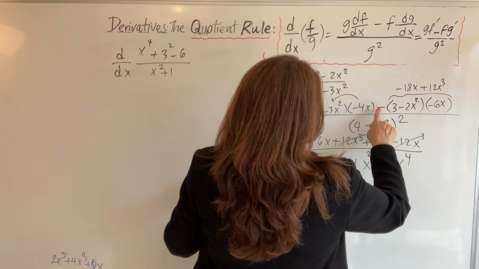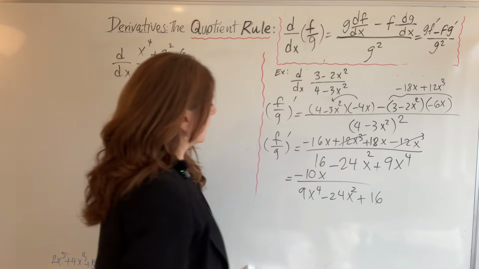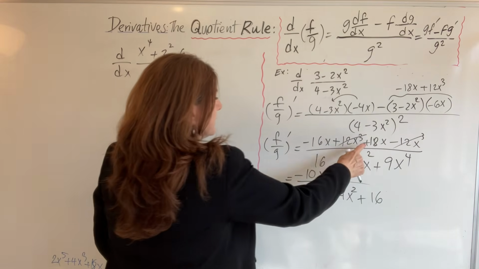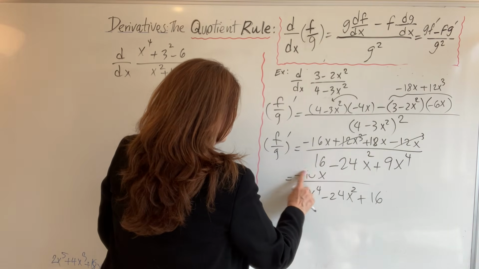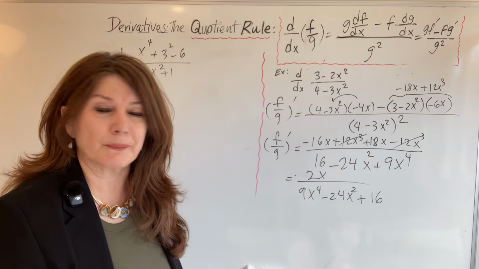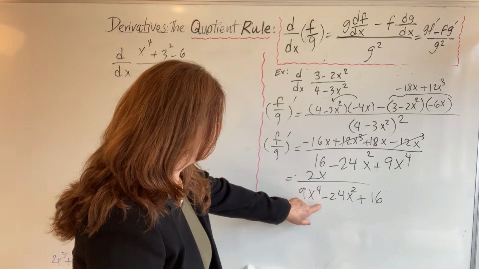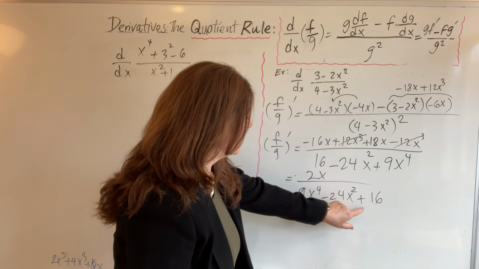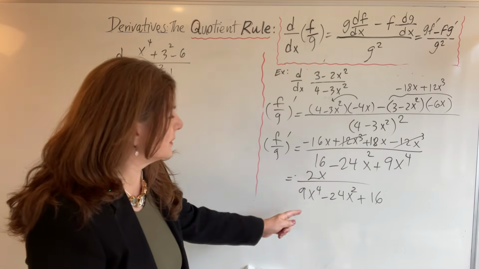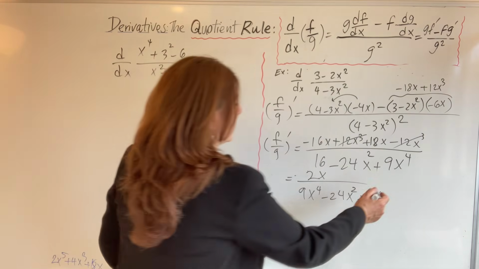This gets plus 18. Right. 18x minus 16 gets how much? 2x, sorry. This is 2x over 9x to the 4th minus 24x squared plus 16. There is nothing to factor. Good, this is the final answer.